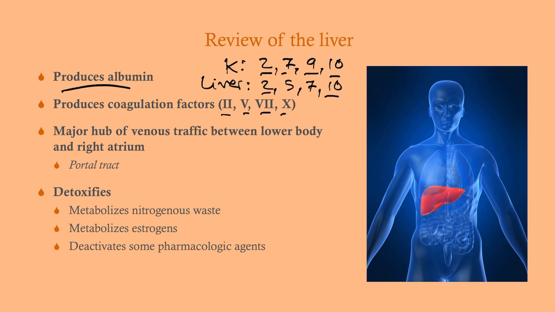The liver is also a major hub of venous traffic between the lower body and the right atrium. So you've got all those veins that supply the bowel and the intestines, and basically everything below the liver as far as the GI tract, going to go up through the portal circulation.